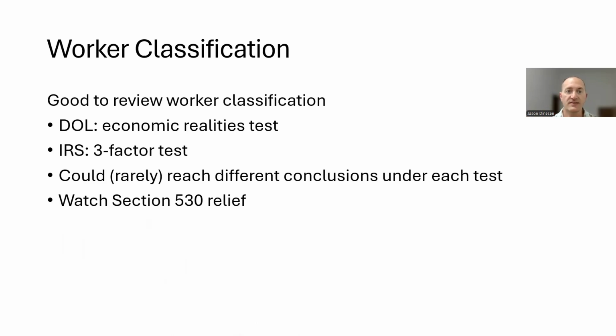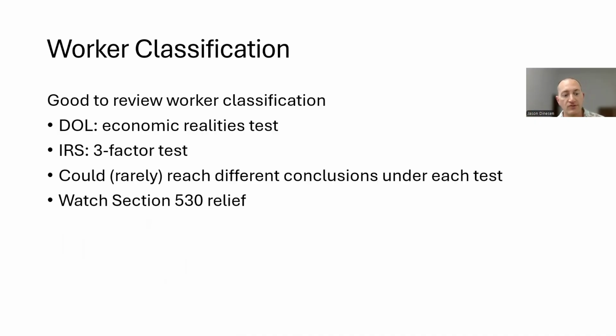as the two agencies. So you have the DOL, which uses a test called economic realities, and the IRS, which uses what's called the three-factor test, which really is a condensed version of the 20-factor common law test of control. They are different tests, and it is possible, I would say not likely, but it is possible, that you could reach different conclusions under each test.